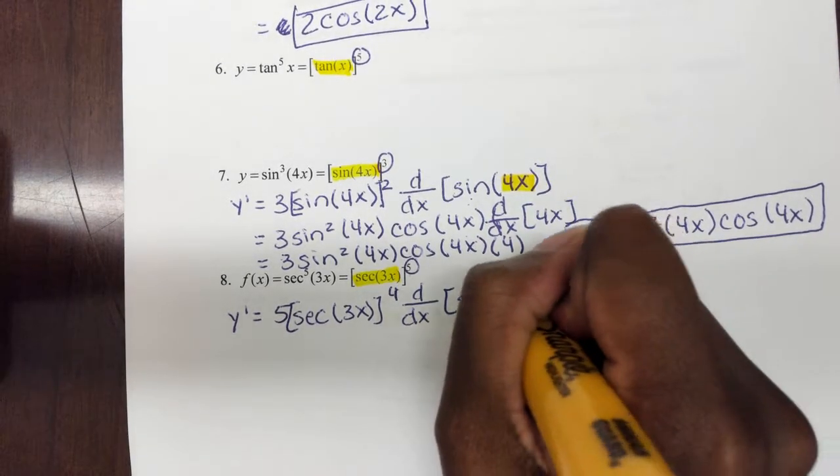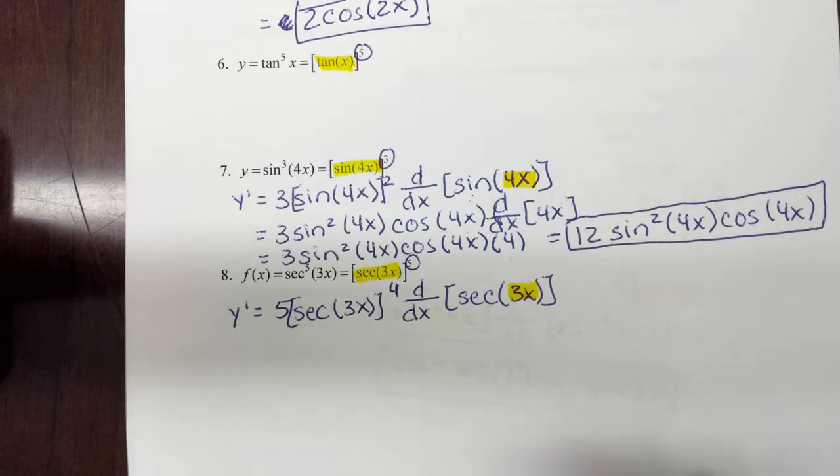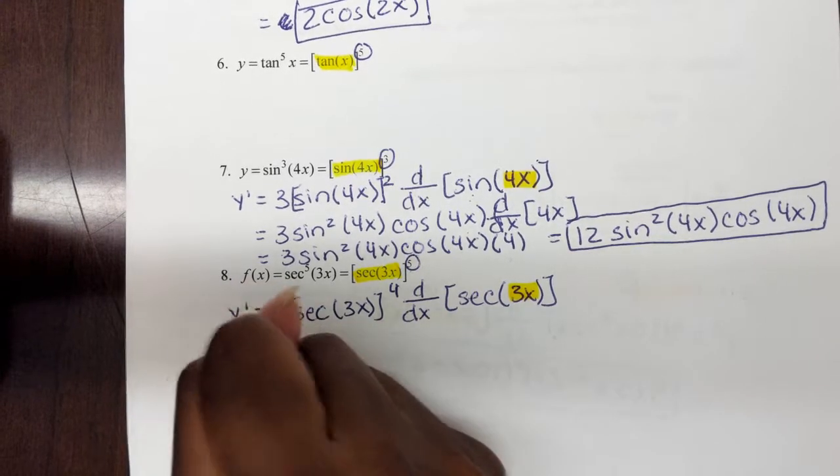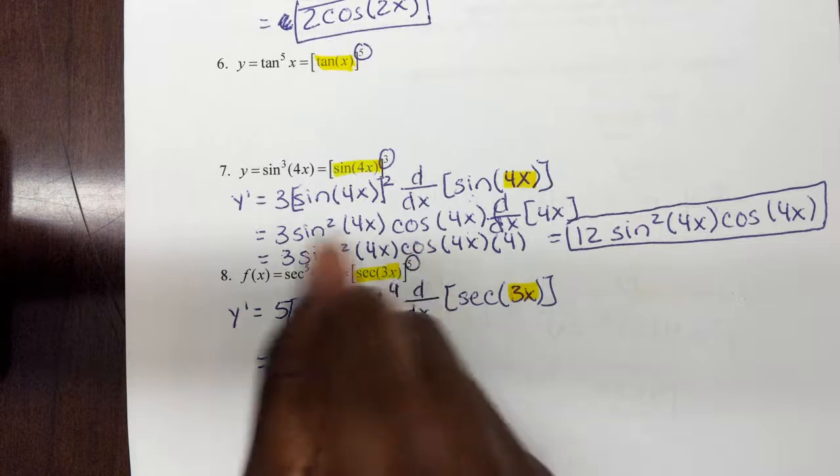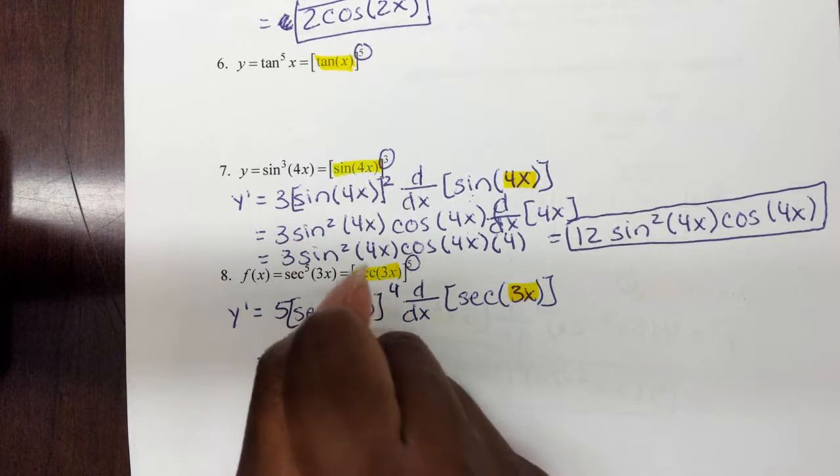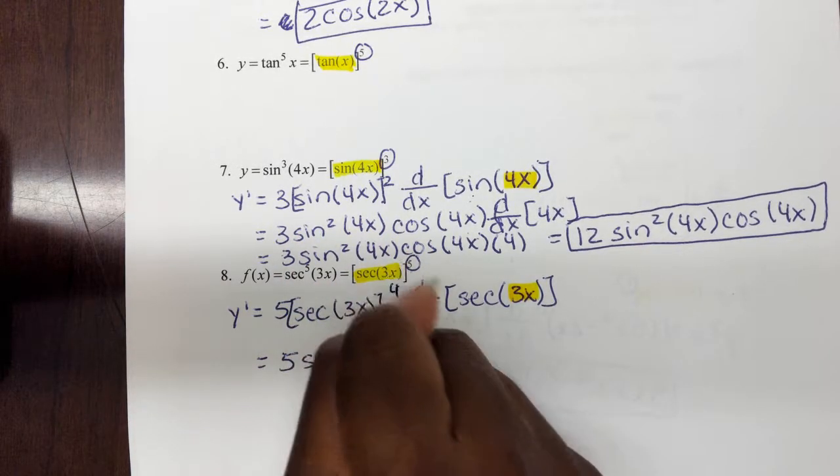and within that we have another baby. So we have 5, I'll rewrite this as secant 4 3x.